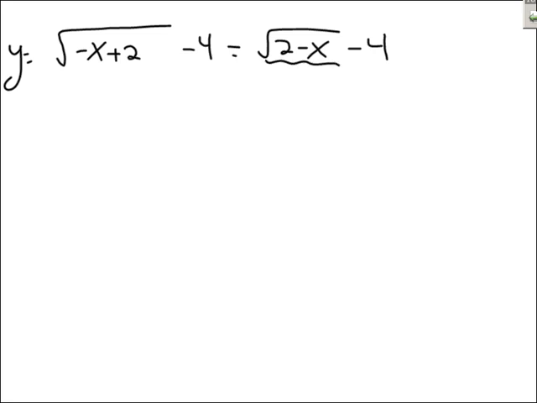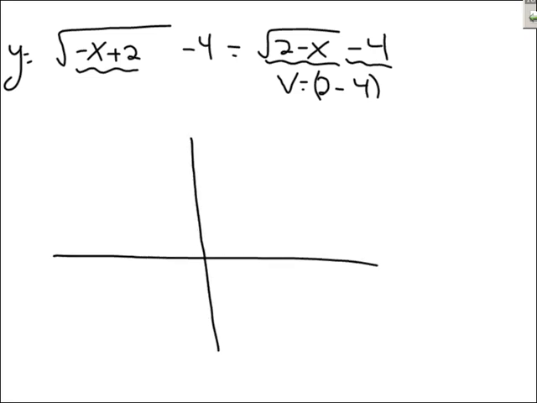Well, what makes this 0? X is 2. And that does say negative 4. So I go to 2, negative 4, right here. And instead of going this way, I'm going to go that way. And I'm going to hit the x-axis and the y-axis.